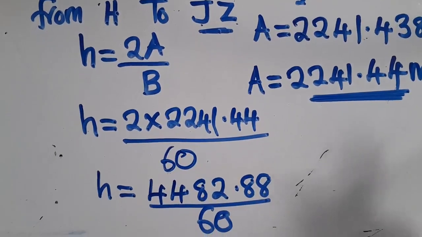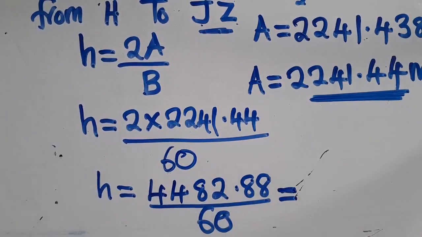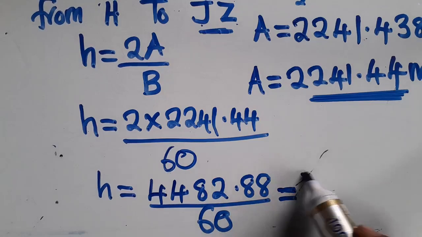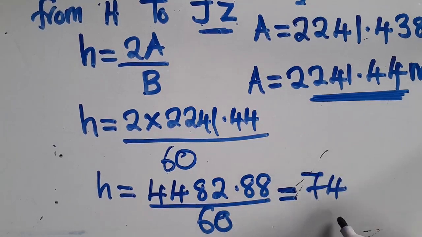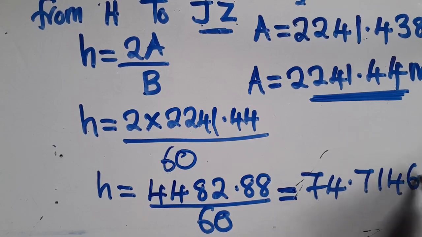I'll just do this because I know people can make mistakes. So you divide by 60. What answer are we going to get? The answer will be 74.71466.